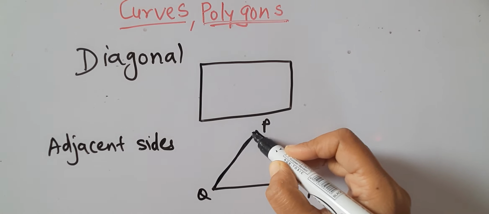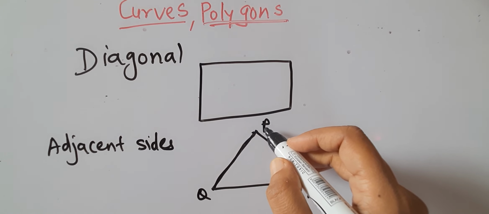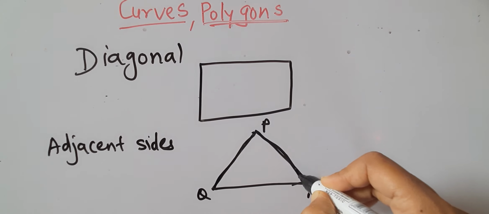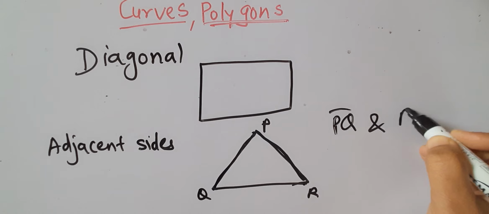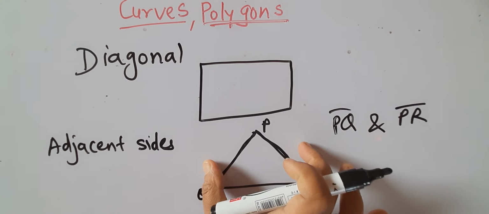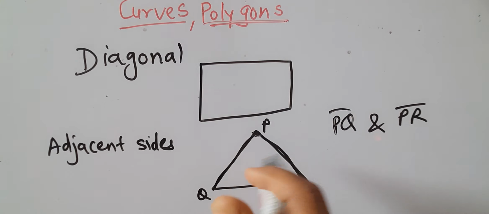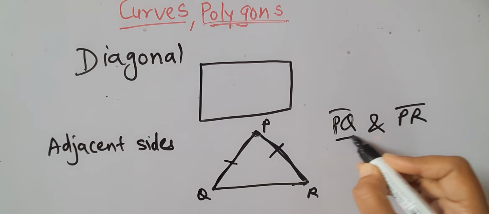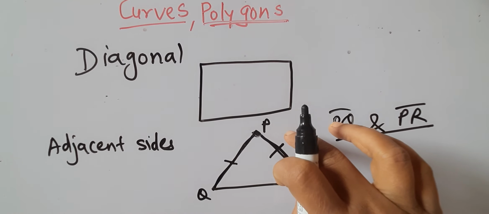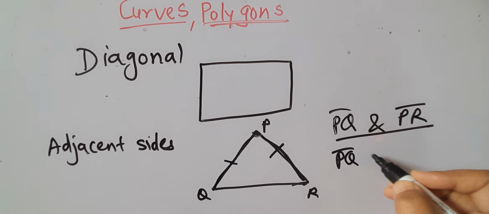2 line segments which join 2 sides with a common vertex. So here PQ and PR are 2 sides of the triangle and they have a common vertex. Then these 2 line segments PQ and QR are known as adjacent sides. So PQ, QR are adjacent sides.